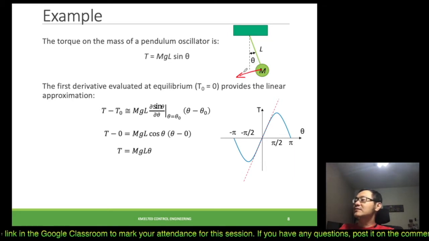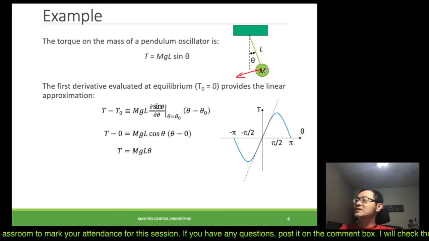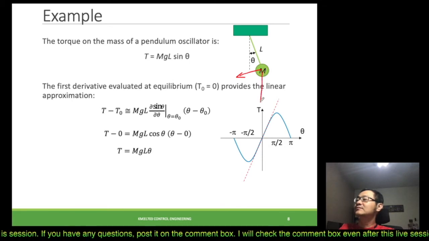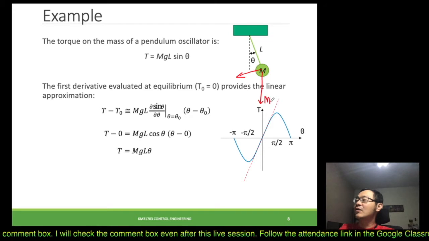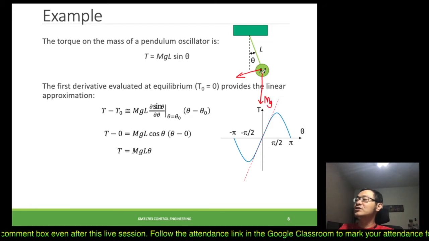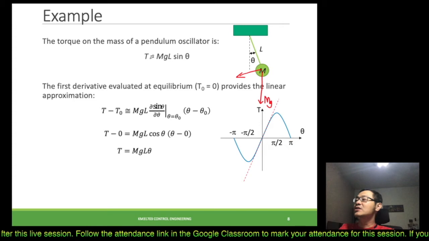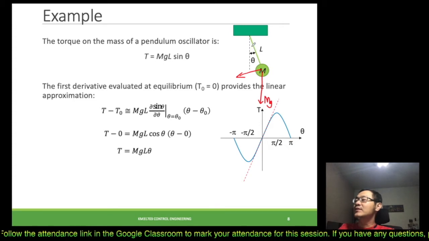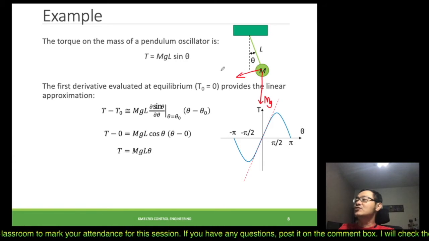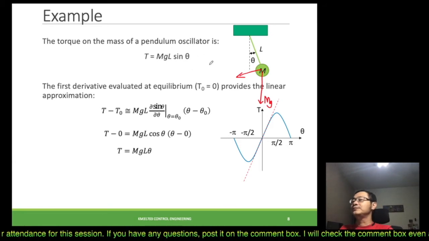This force is a component of this weight, mg itself. So we just have to resolve that. You will get the torque, L multiplied by this component of force, to get this function.